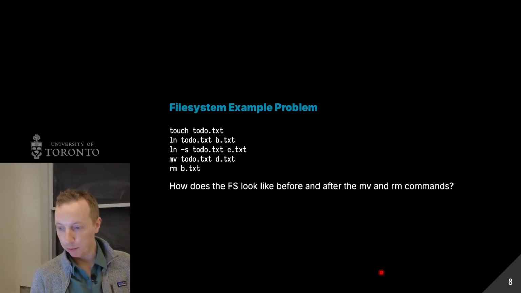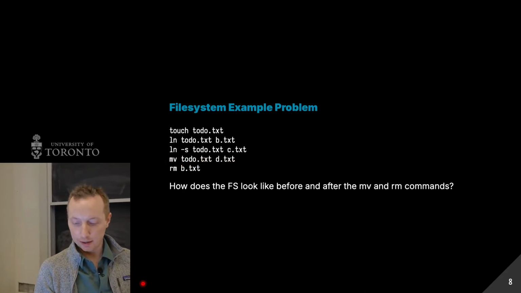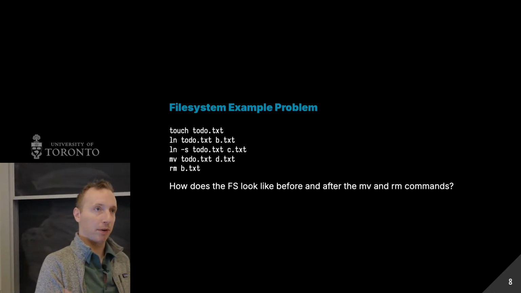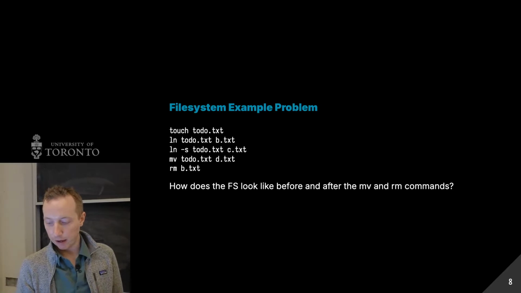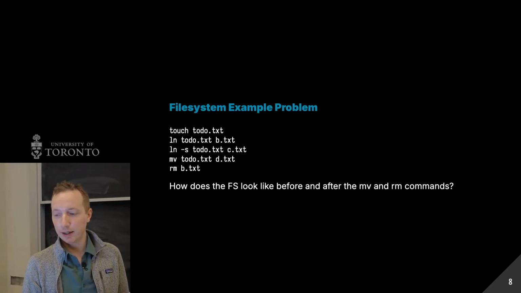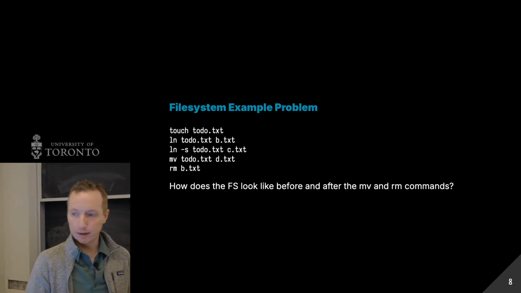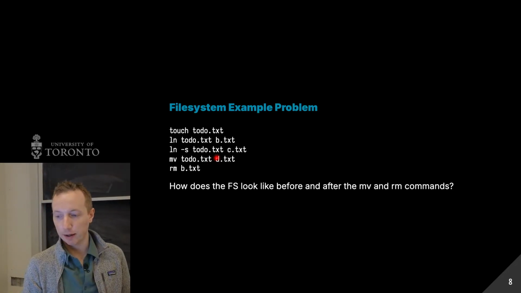So if I do move to-do.txt to b.txt or d.txt, it just changes the name. So that name still points to that original inode. And then if I remove b.txt, well, then I should break that link, or after I move that name, I can't access that file through c.txt because it's just a symlink.